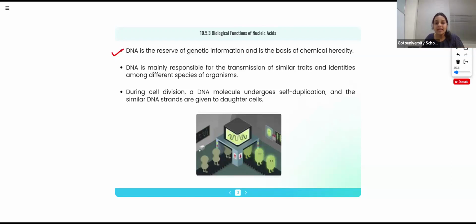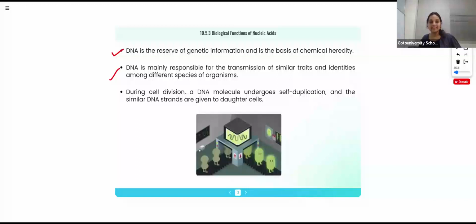DNA is mainly responsible for the transmission of similar traits and identities among different species of organism. Means different characters, the nature of different body parts like hair. So DNA is carrying the information from one generation to another, or from the parent body to the daughter body.